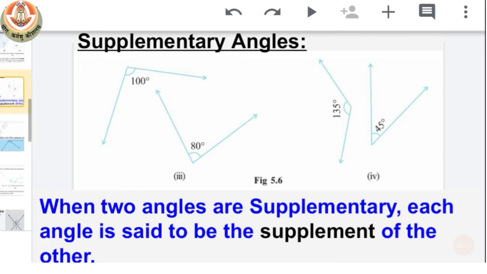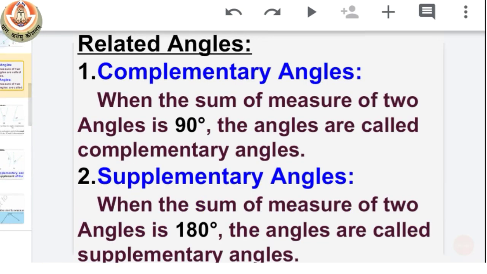I hope you are all very clear that complementary angles are those in which the sum of the measures of two angles is 90, whereas supplementary angles are those in which the sum is 180.